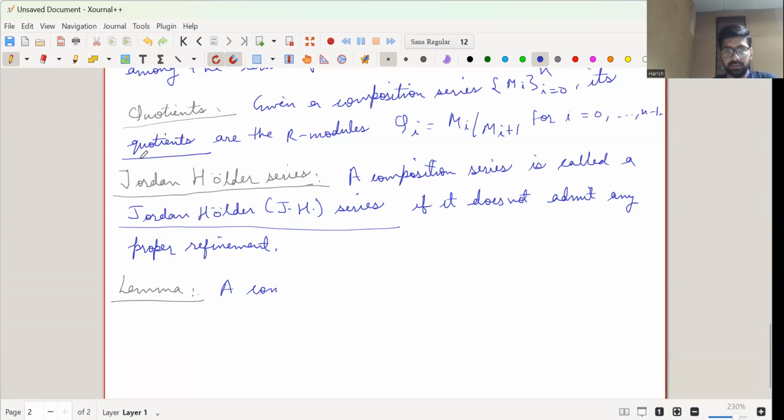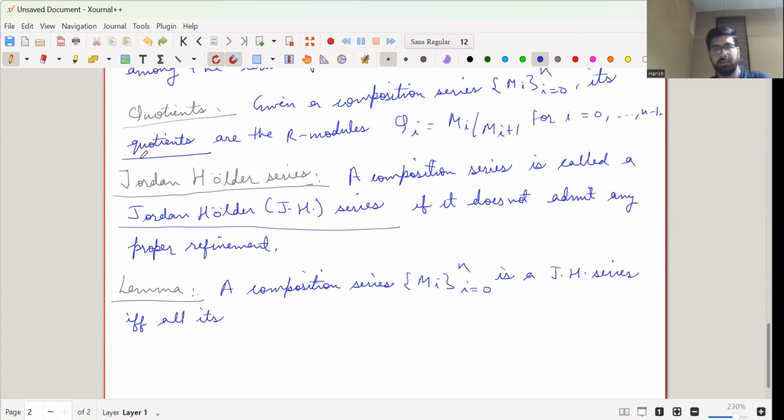It says the composition series m_i, i equal to 0 to n, is a Jordan-Holder series if and only if all its quotients are simple.